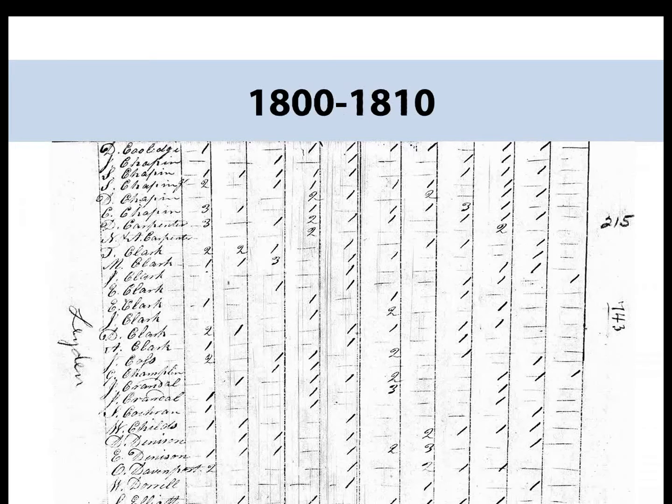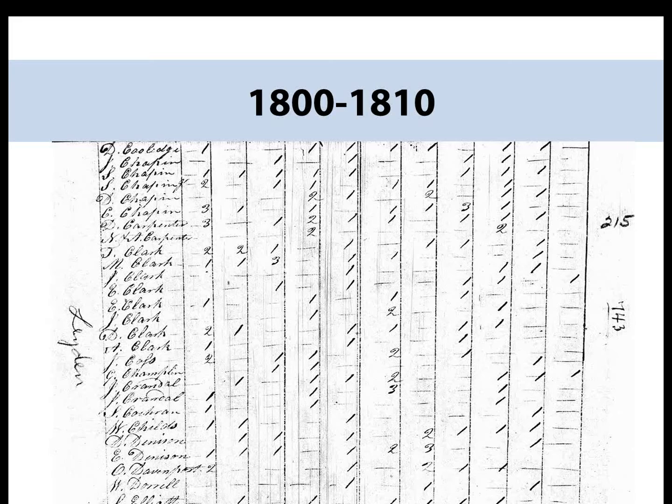Now, by the time we get to 1800 and 1810, we get a better understanding of what the household looked like, as long as we're talking about white males and females. There was no information given on gender or age for slaves or free people of color in 1800 and 1810.